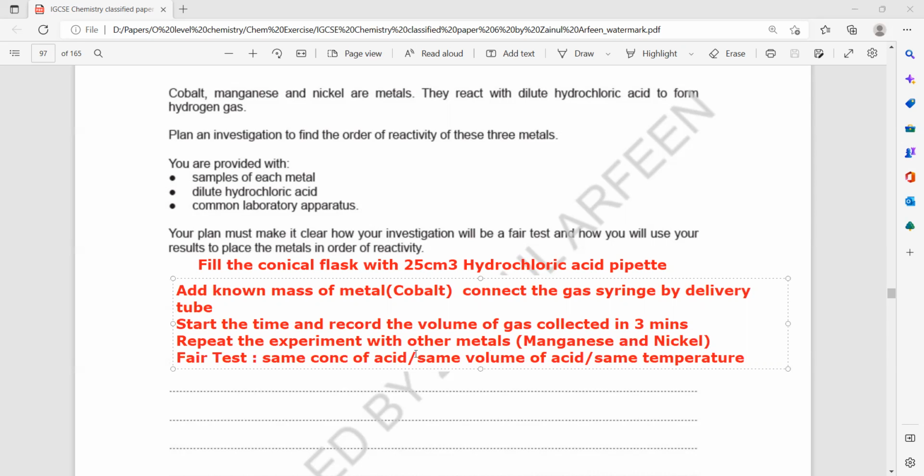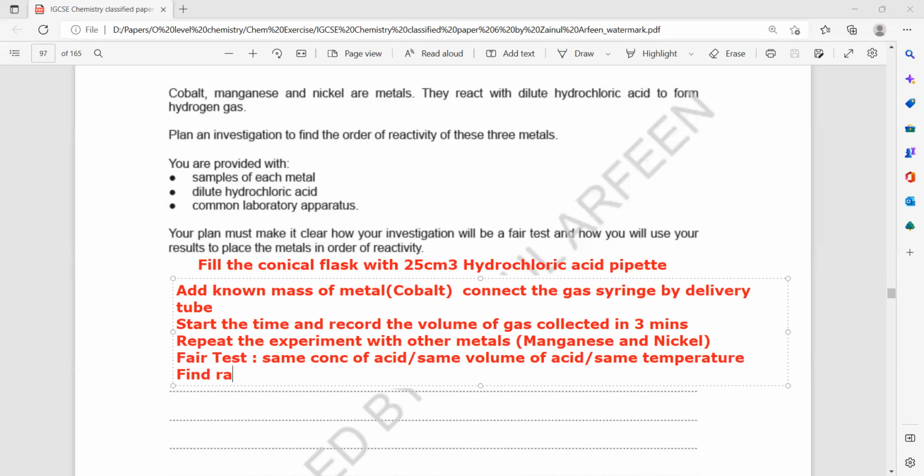You can mention repeat the experiment with other metals, or repeat the experiment with the same metal and then do the same procedure with other metals to take a mean volume or an average mean rate.